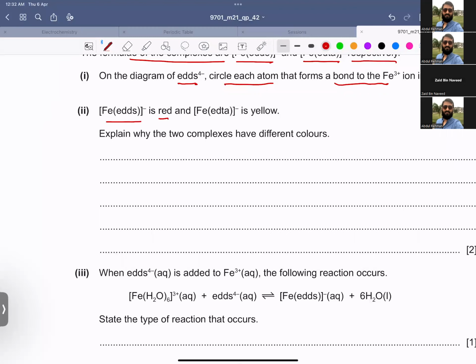FeEDDS negative is red and FeEDTA negative is yellow. Explain why the two complexes have different colors. It's 2 marks.